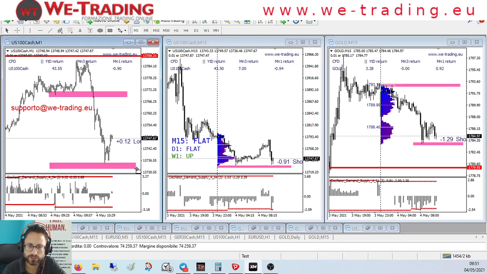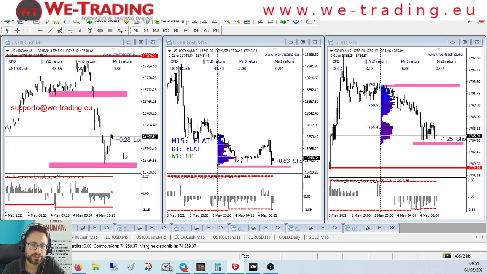This is also a support here, from M15, and gold has a strong setup here. Okay, for now, when will prices top and when will I sell Nasdaq or gold?